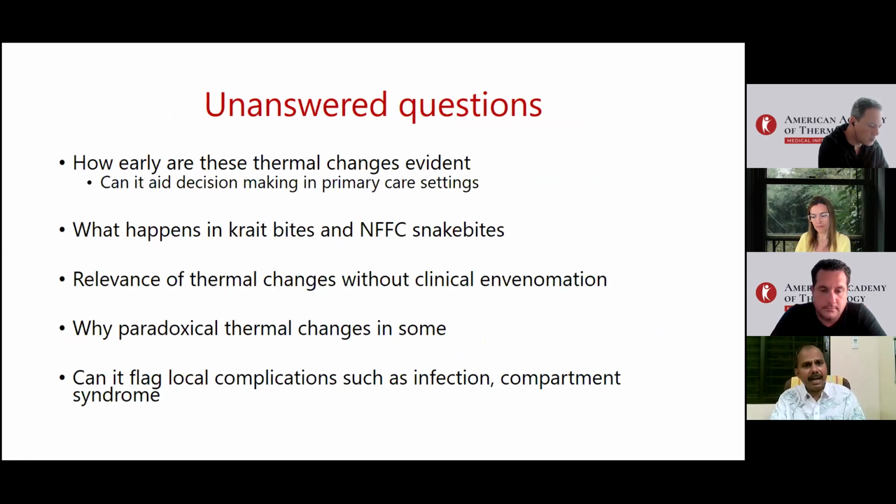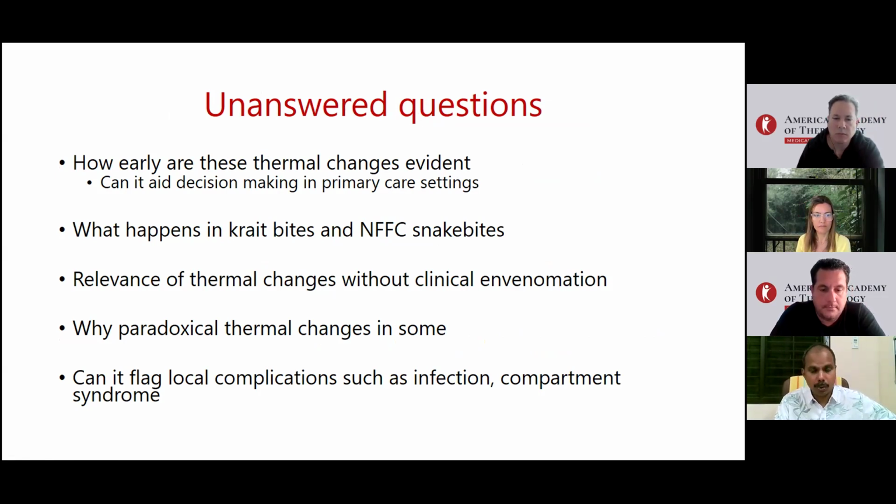But there are several unanswered questions. We do not know how early these temperature changes become apparent, and we do not know whether similar local changes are found in bites by other species like green pit vipers or other non-venomous snakes like non-front-fanged colubroid snakes.